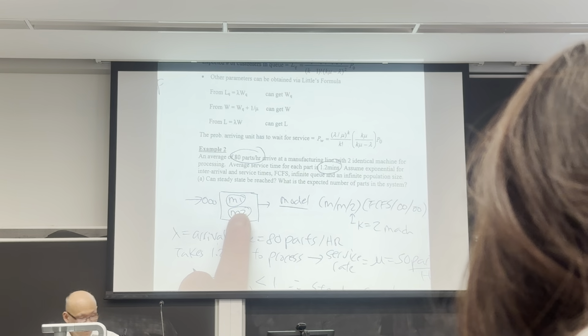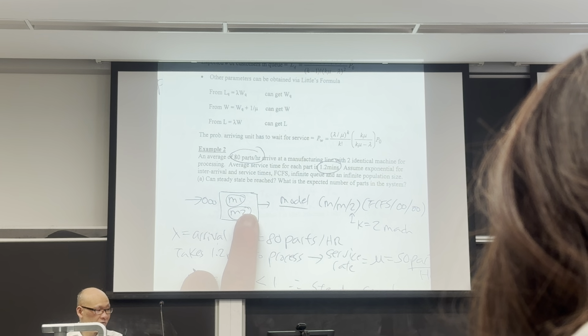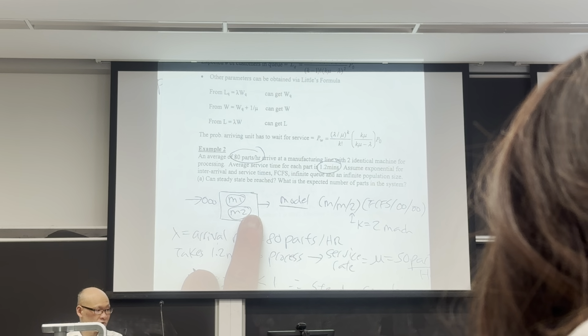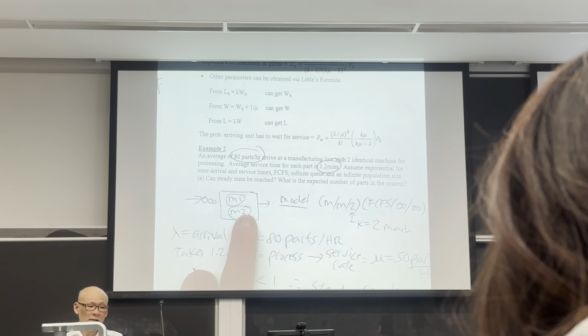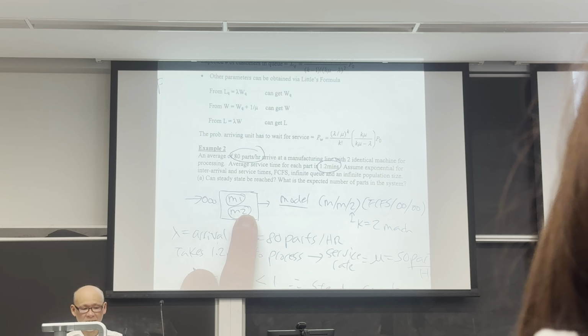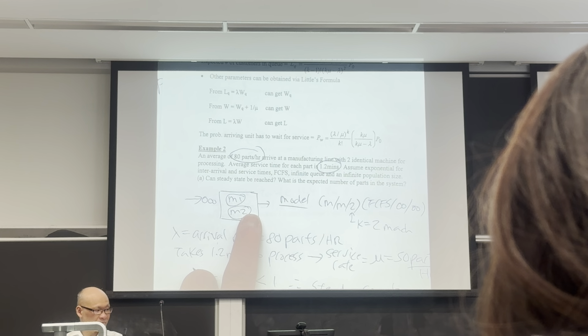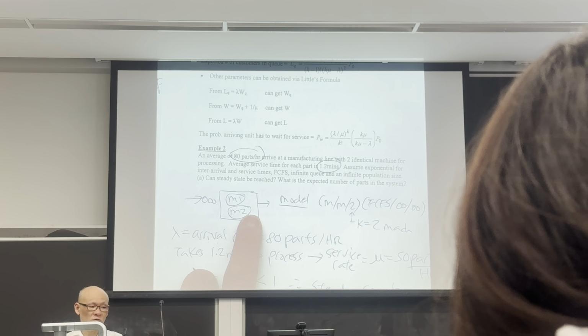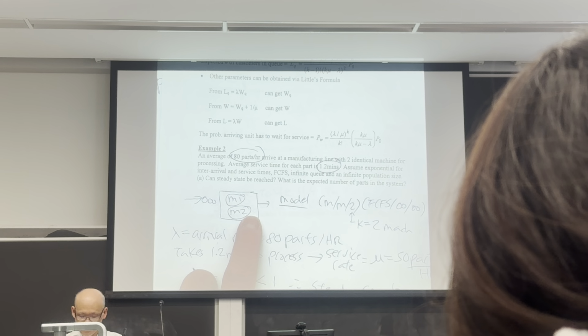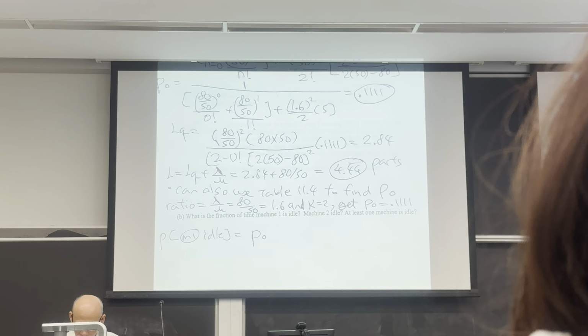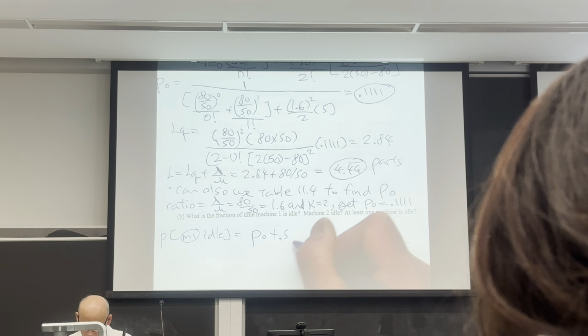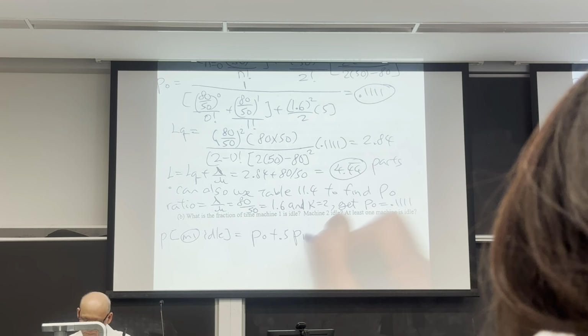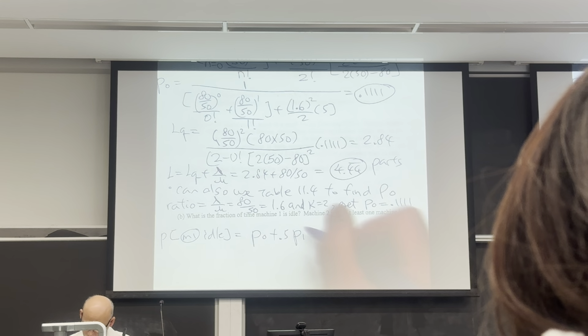And if there's one part, then there's a 50% chance the part will go to machine 2, and then machine 1 will still be free. So we take 0.5 times the probability that there's one part there.